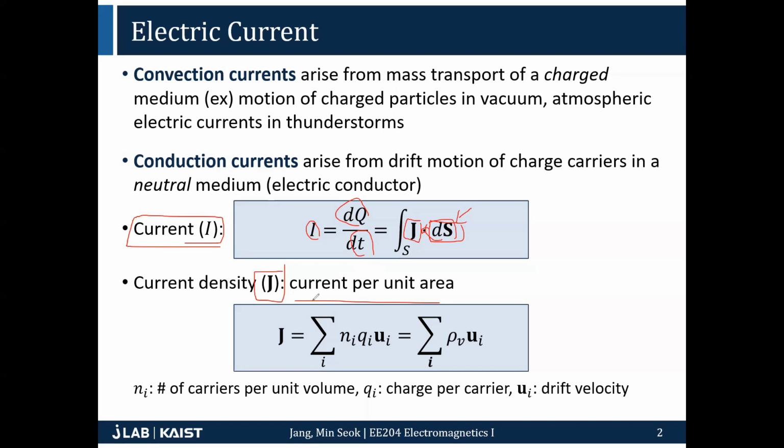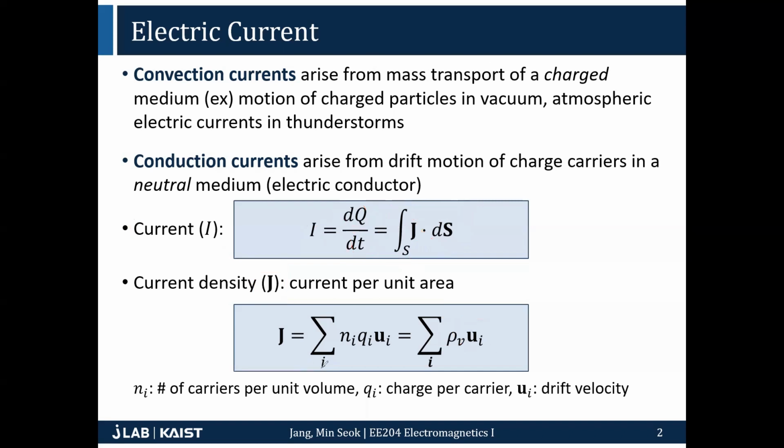And the current density can be easily calculated by multiplying the charge density times the velocity that the charge is moving. So charge density multiplied by velocity gives you the current density, right? And then if you integrate current density for a given cross-sectional area, you get current, right?